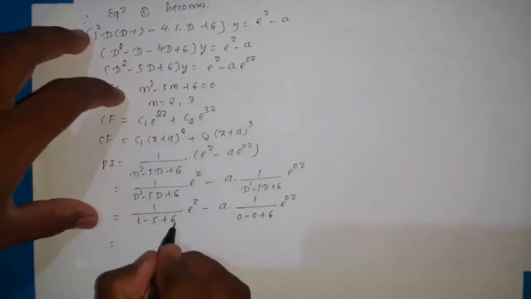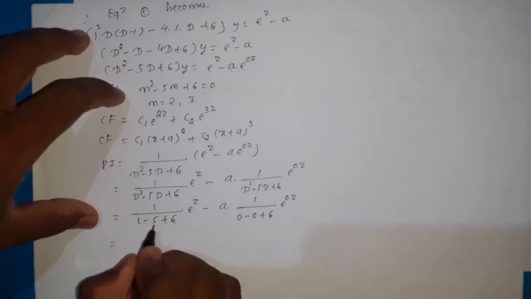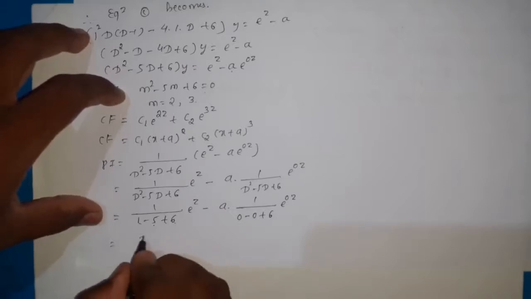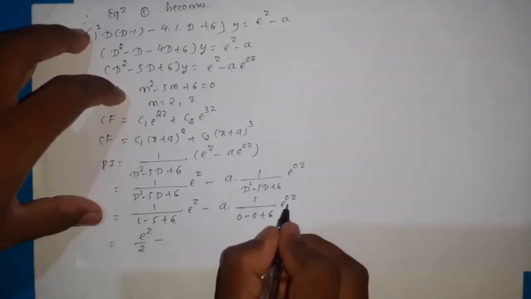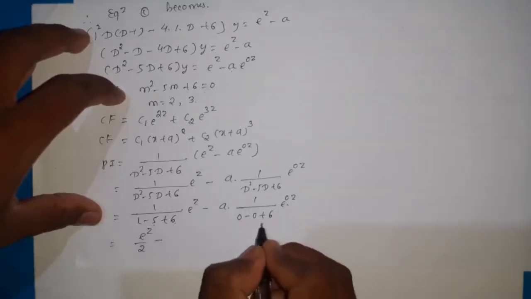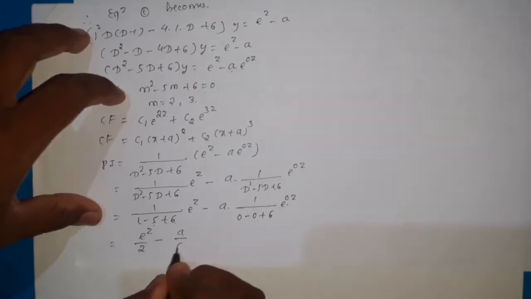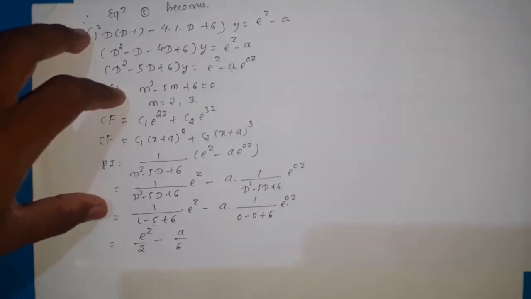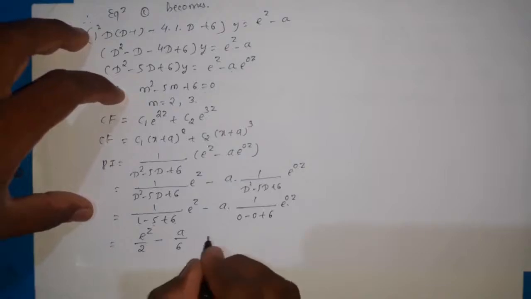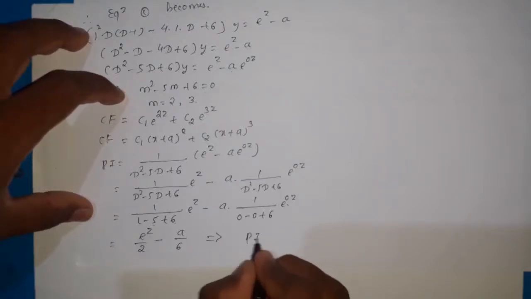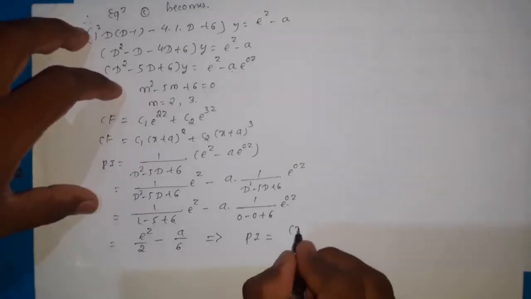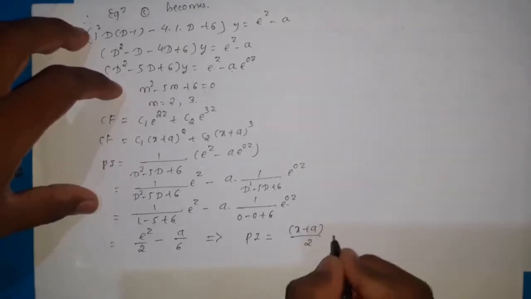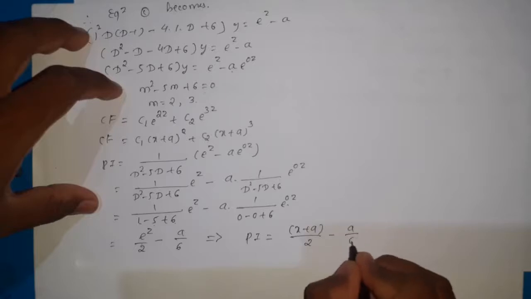So now 1 plus 6 is 7, 7 minus 5 is 2, so therefore it is e power z by 2 minus e power 0z is 1, and here the denominator becomes 6, that is a by 6, and it implies that the particular integral is equal to e power z, equal to what? (x plus a) divided by 2 minus a by 6.